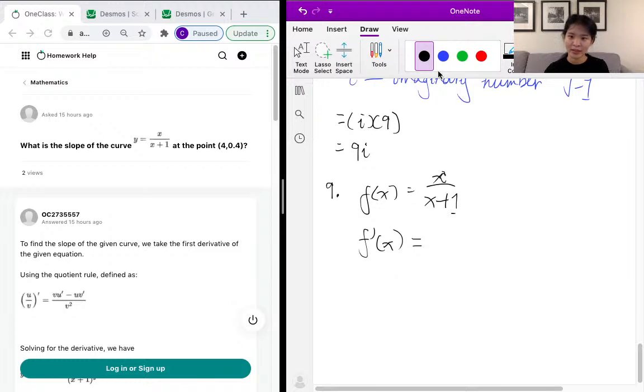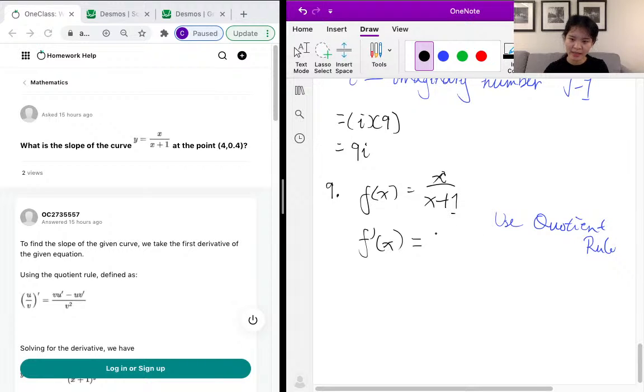That's what it's called. So let's just use the quotient rule in calculus.